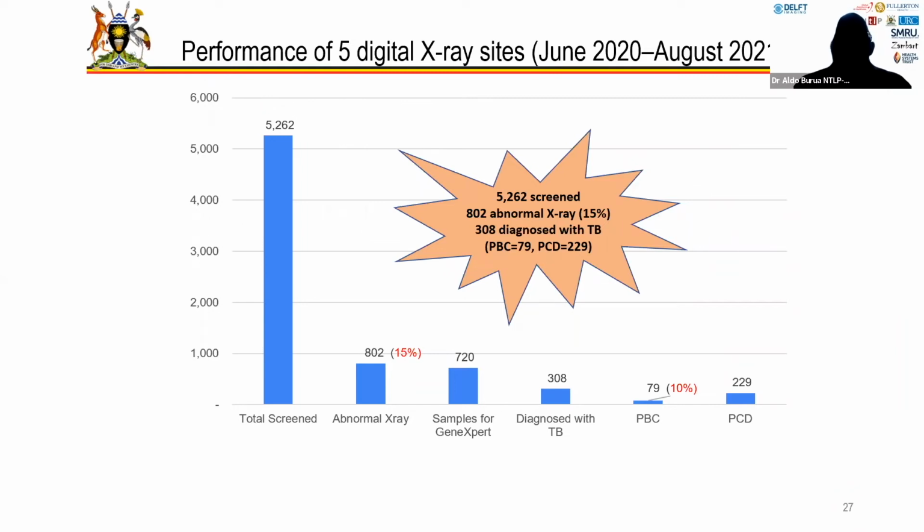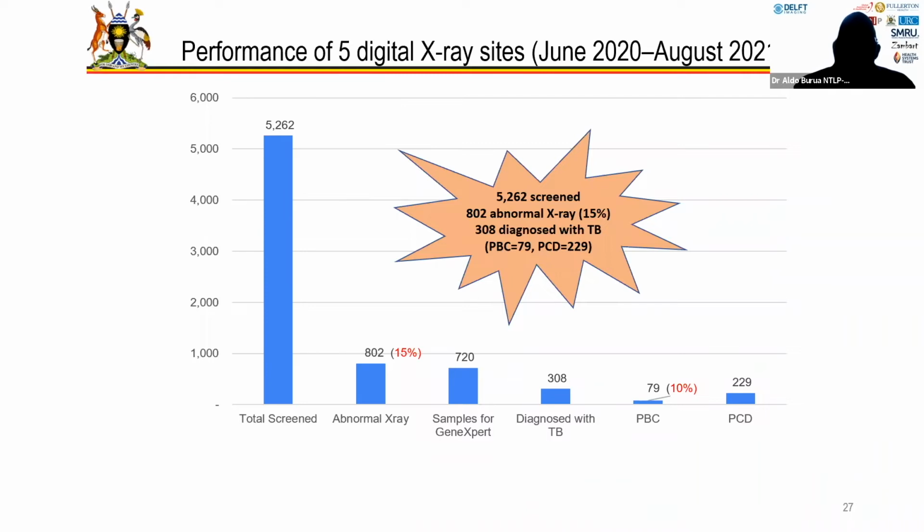So this is the performance of the 5 X-ray sites that implemented the digital X-ray systems between June 2020 and August 2021. We screened a total of 5,262 individuals over this 1-year period.